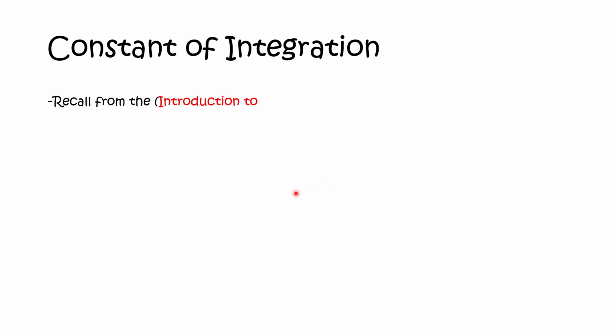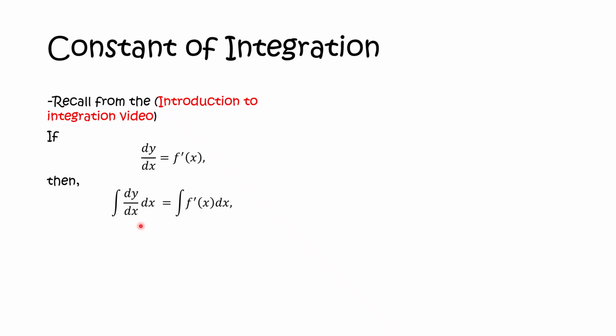Now, recall from the Introduction to Integration video, if dy dx is equal to f prime of x, then the integration of dy dx is equal to the integration of f prime of x dx, giving us y is equal to f of x plus c, because we are simply reversing the differentiated function and adding the constant of integration, the c.